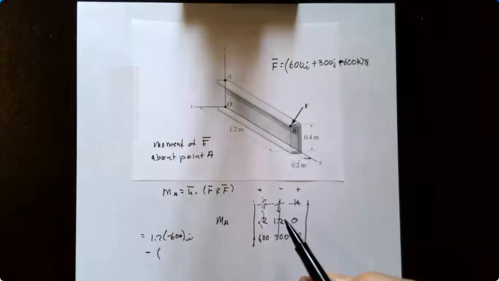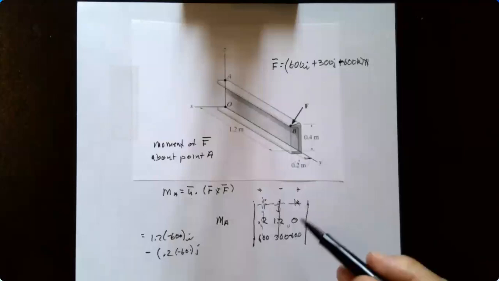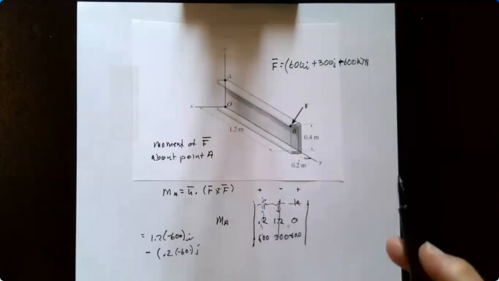Okay, so it's 0.2 times minus 600 J. This is 0, so that's what we have there.